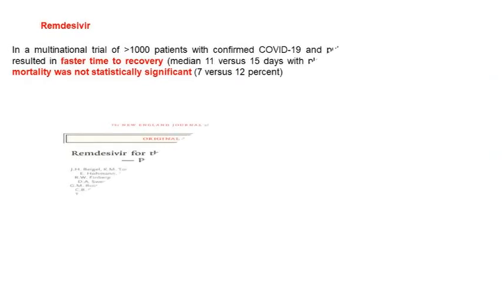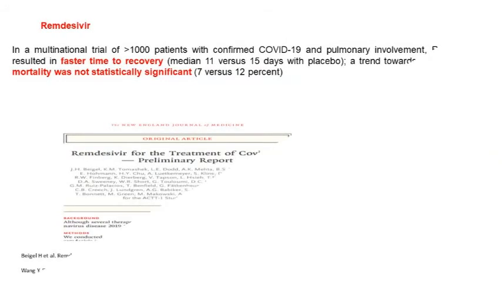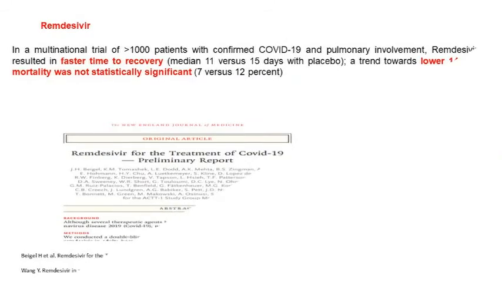Regarding remdesivir, there was a multinational trial of about 1,000 patients with confirmed COVID-19 and pulmonary involvement. Remdesivir resulted in a faster time to recovery. The median was 11 versus 15 days with placebo. The trend towards lower 14-day mortality actually was not statistically significant, 7 versus 12%.